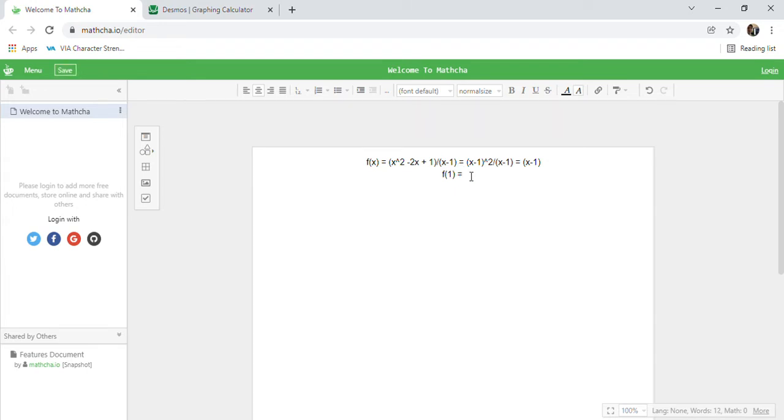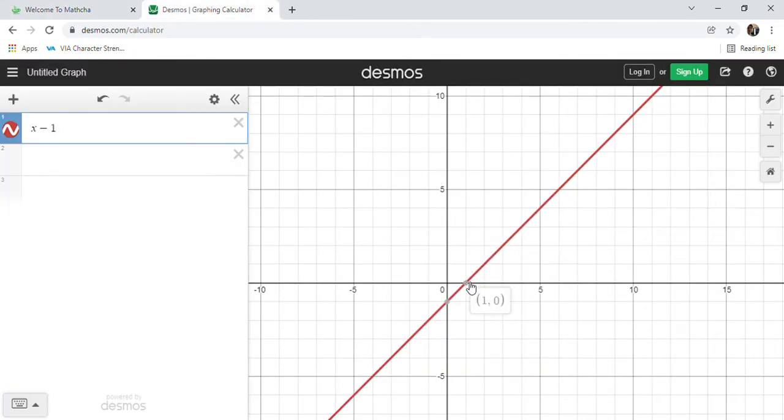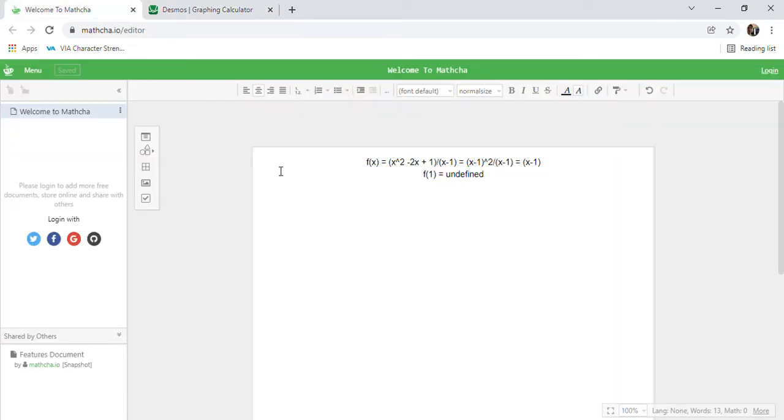So actually, we say that f of x at 1 is undefined. It doesn't exist. And you might be wondering, why is this? Why is it undefined if I know that it gets really close to 0, and you would think that it reaches 0?